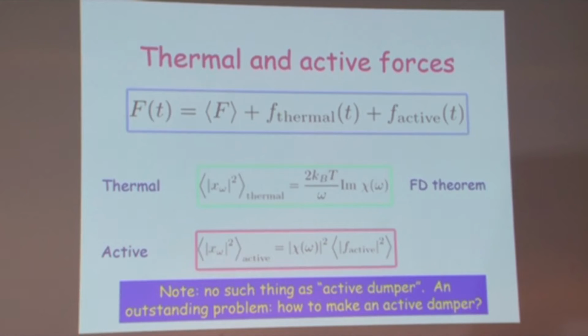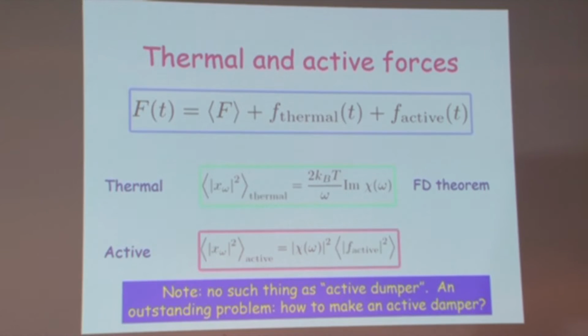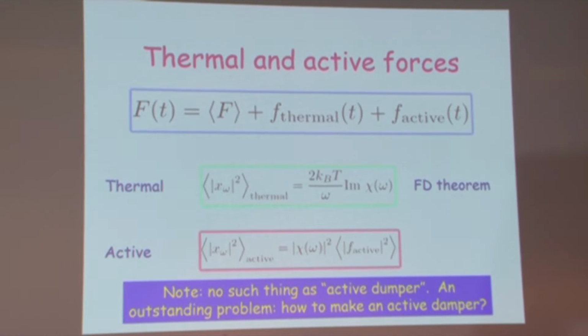I want to point out that the general rule is that the more actively you drive, the stronger the fluctuations. On the other hand, we know from many everyday experiences, as well as from some of the talks before me, that some active processes actually are designed somehow to quiet fluctuations, to reduce and dampen fluctuation.